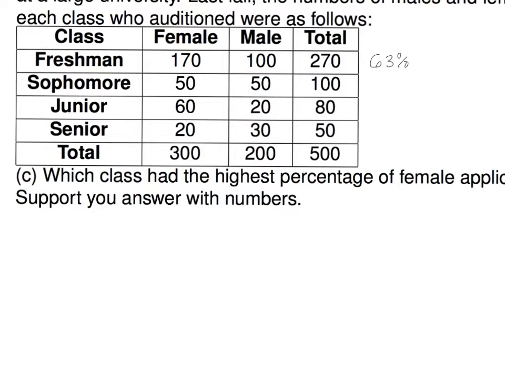This next one's easy. It's 50 out of 100, so it is 50%. This next one is 60 out of 80, right? Which is 75%. And the last one is 20 out of 50, or 40%.